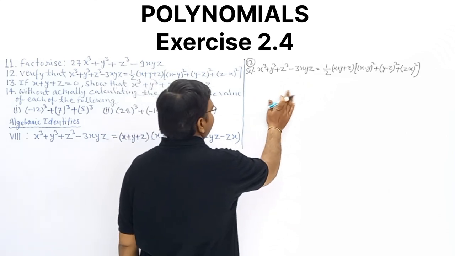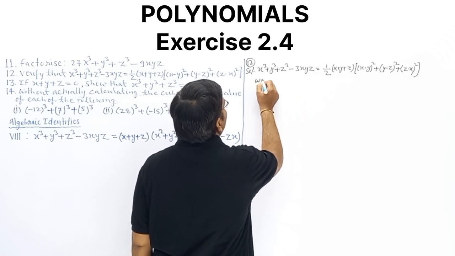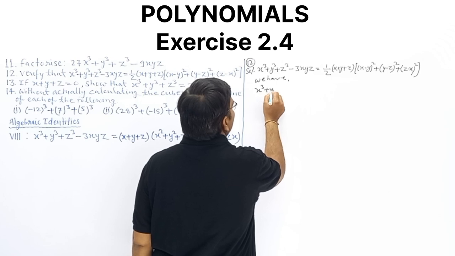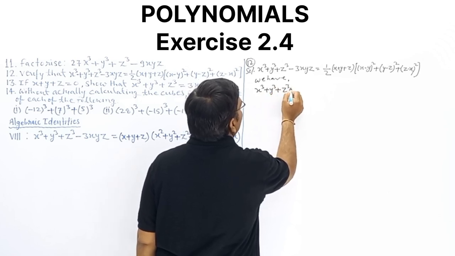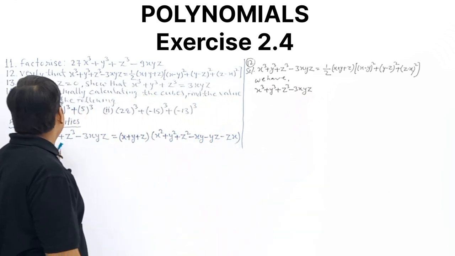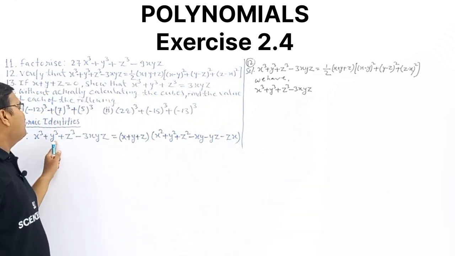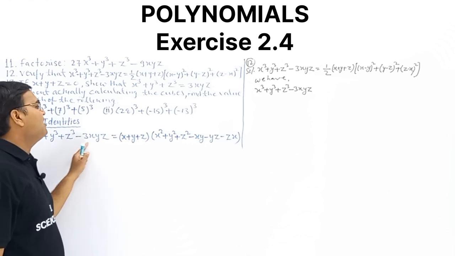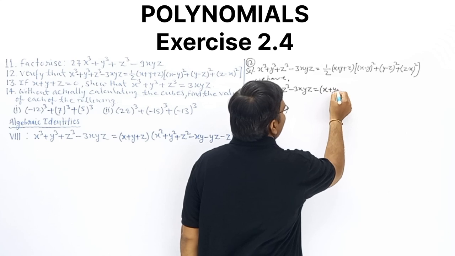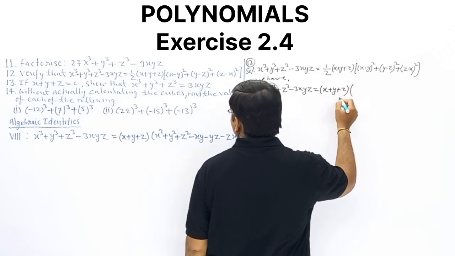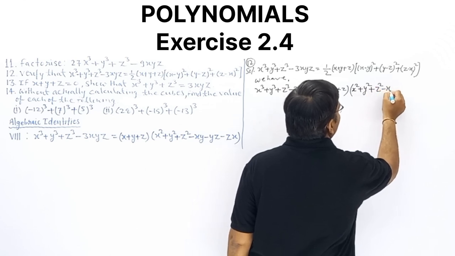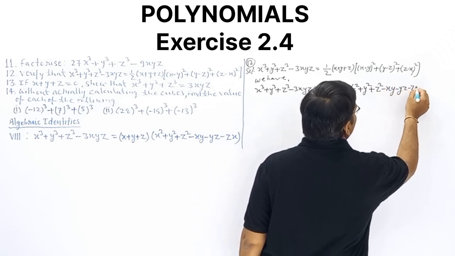So we have x cube plus y cube plus z cube minus 3xyz. It is algebraic identity 8th one. x cube plus y cube plus z cube minus 3xyz can be written as x plus y plus z into x square plus y square plus z square minus xy minus yz minus zx.